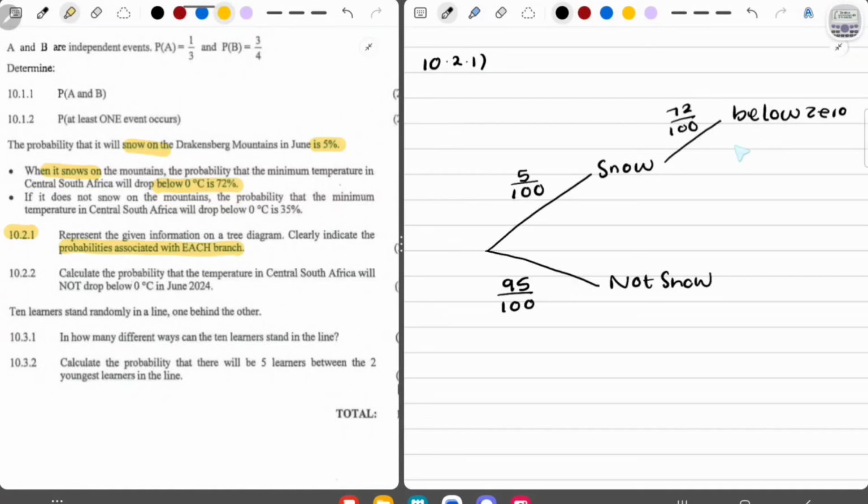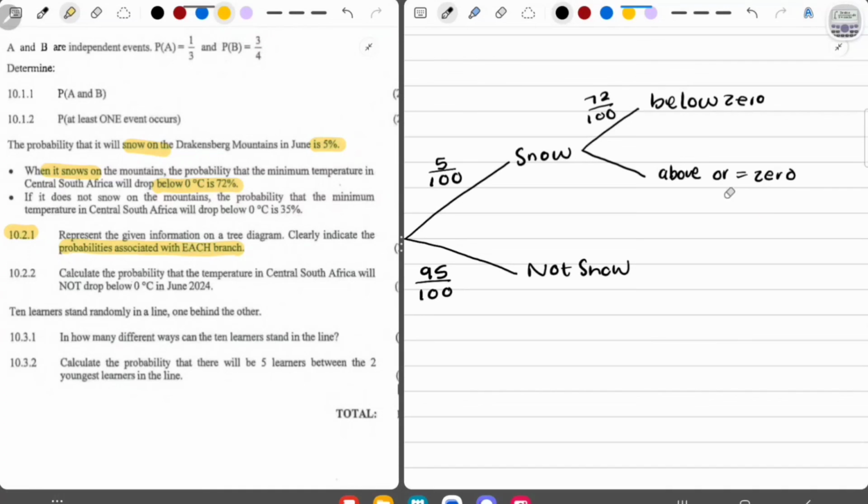Either it's going to drop below 0 or it's going to be above 0. I'm going to call this one above 0. Technically above or equal to 0, because it could be 0 degrees as well, but I won't get too technical with that.